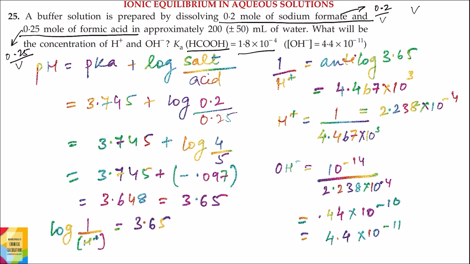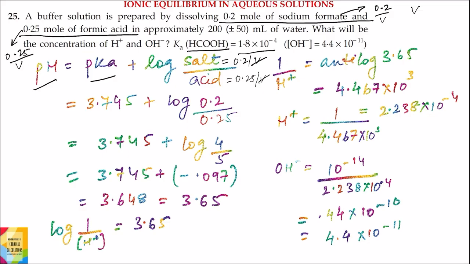Now, the formula for pH is equal to pKa plus log salt by acid. The concentration of salt is 0.2 divided by V. The concentration of acid is 0.25 divided by V. The volume is the same, so volume will cancel.